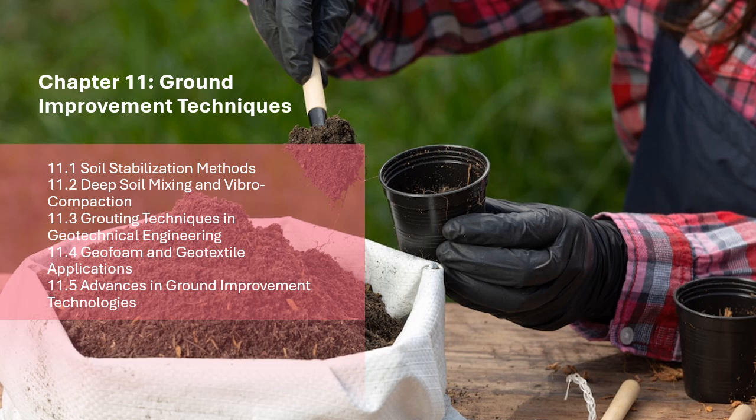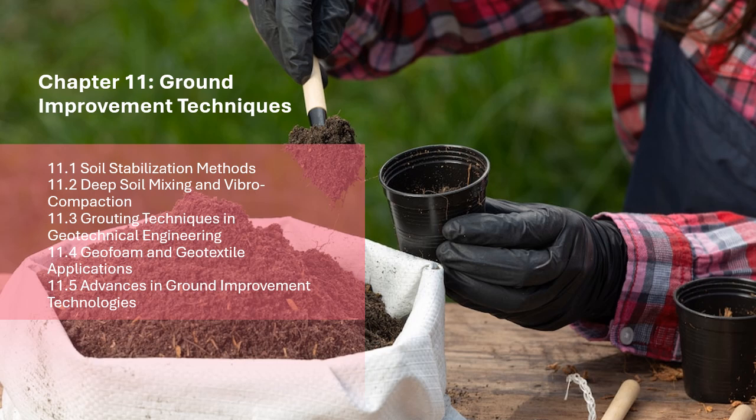2. Binder injection. The binder is injected under pressure, ensuring proper mixing and chemical reaction with the soil. Common binders include cement, lime, or a combination of both, depending on the soil type and the required strength. 3.